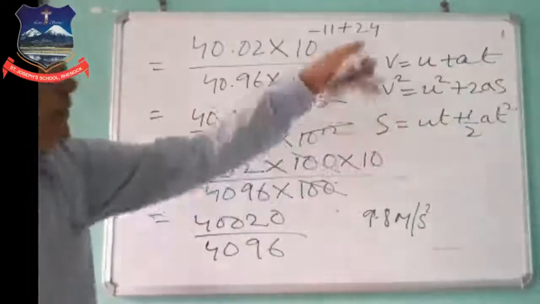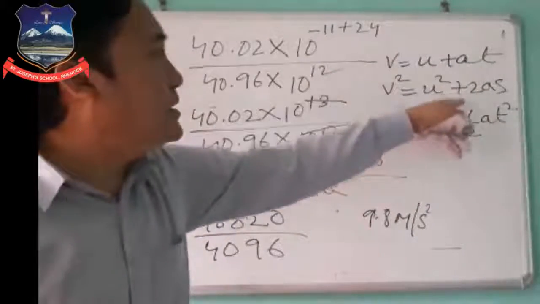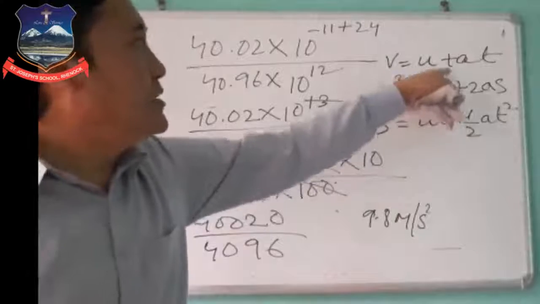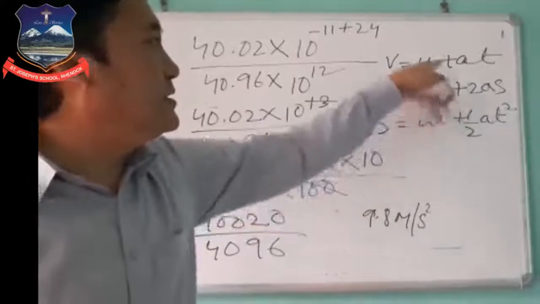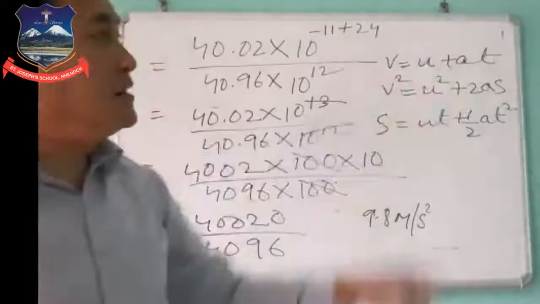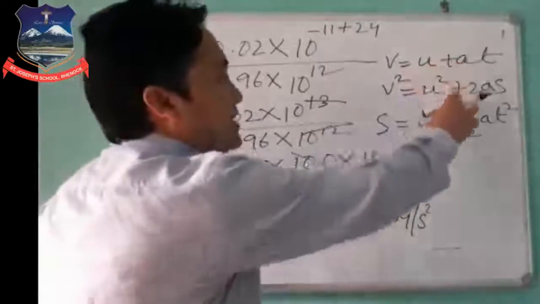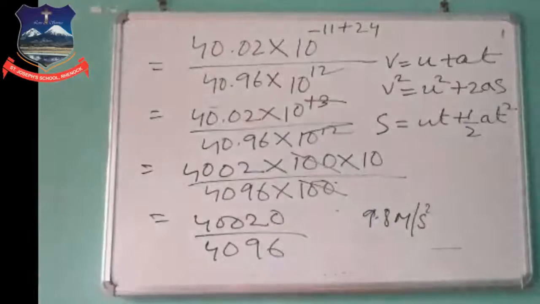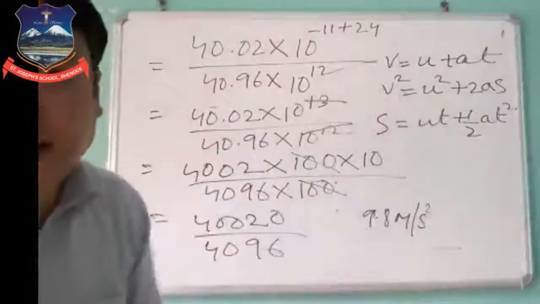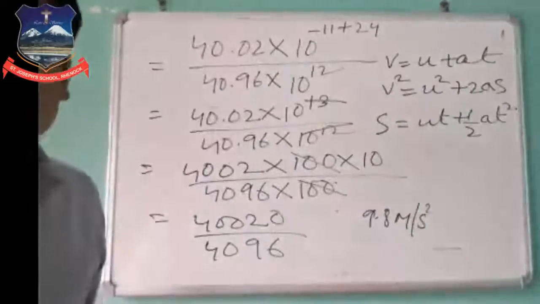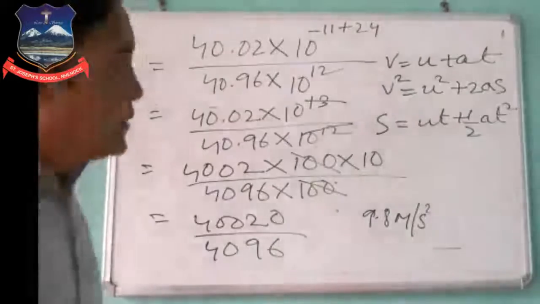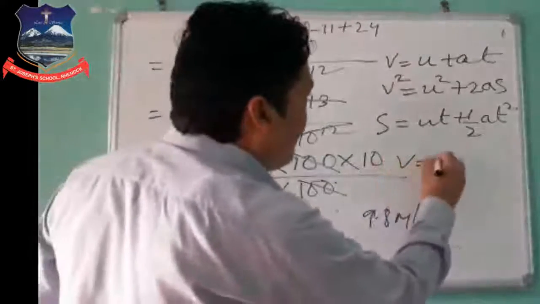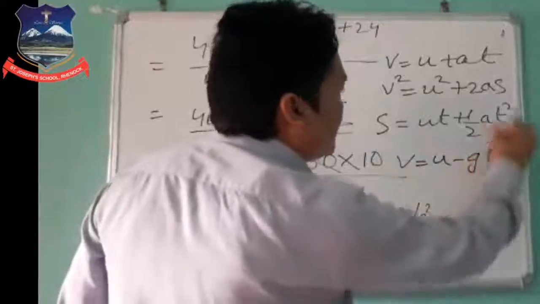Now how can this relation become minus here? In all the formulas I have written, plus sign is there between the two terms. Now it can become negative when a body is thrown vertically upward. When a body is thrown vertically upward, then v equals u minus gt.